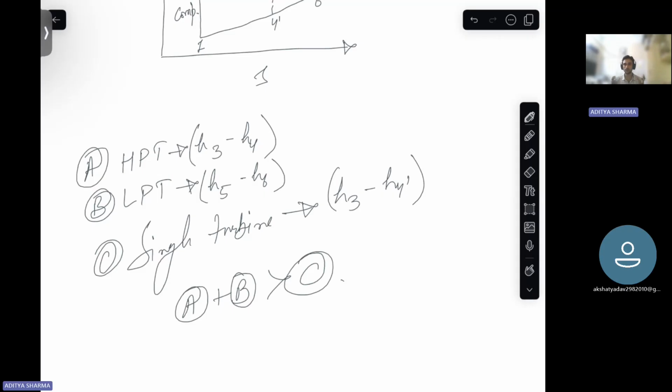So these two things now you have to keep in mind and do the adjustments. If you want to go for increase in work output, how much your thermal efficiency will suffer. So these things you need to handle. Okay. So this is about your reheater.